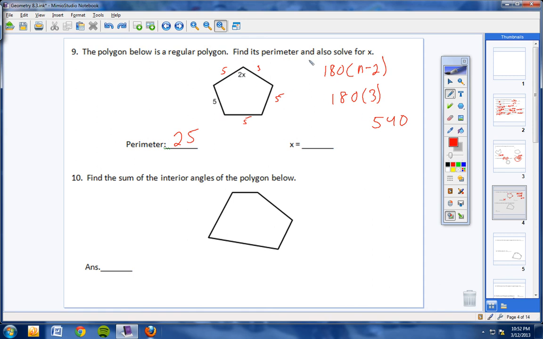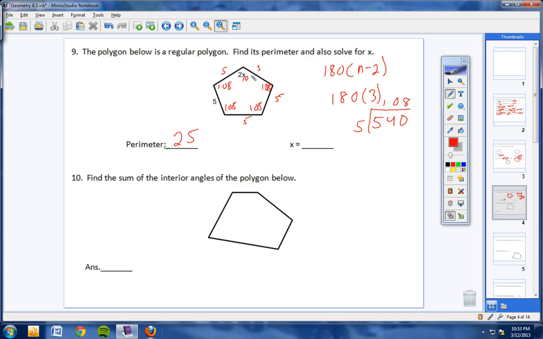And they're all congruent because it's a regular polygon. So I'm going to take 540 and simply divide it by 5, and I would get 108. Each one of these angles is 108 degrees.